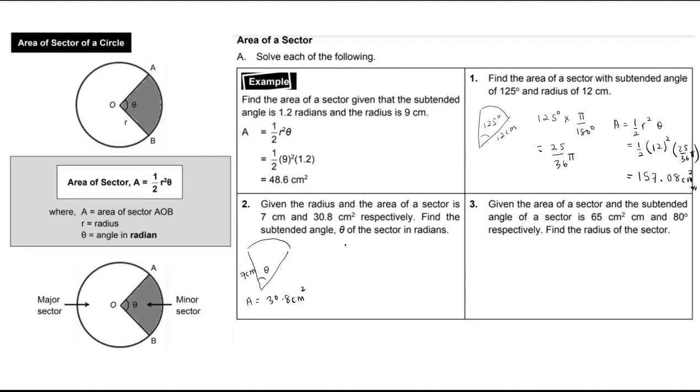So we want to find theta. We can use the formula A equals 1 over 2 r squared theta. We know the area is 30.8, 1 over 2, given radius 7 cm and theta. Calculate carefully. You should get theta equal 1.26 radian.